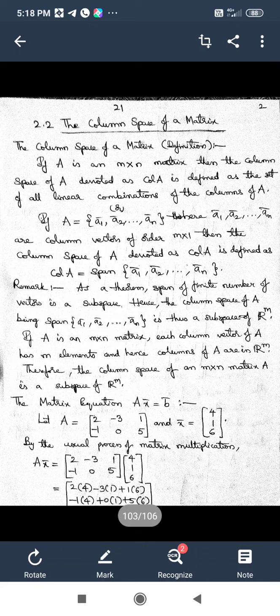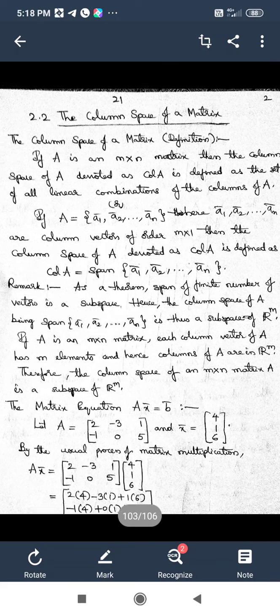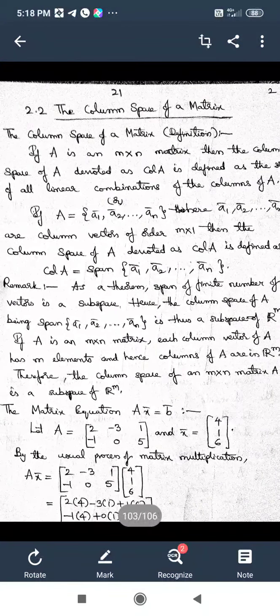So that is the matrix A. Whatever be the columns in that matrix A, if I take the matrix as m by n order, there will be n columns.